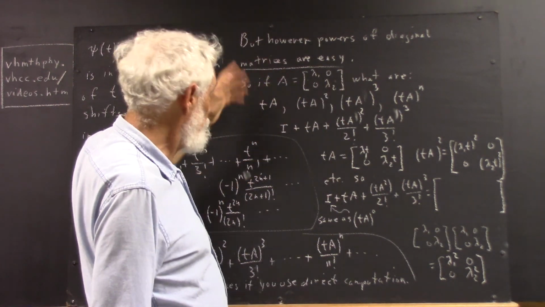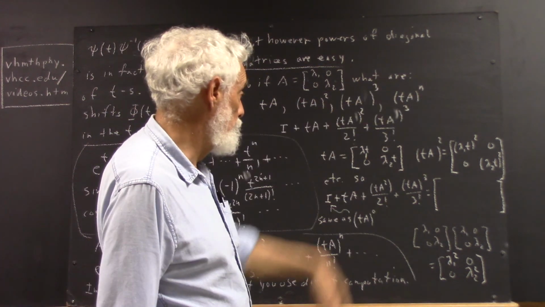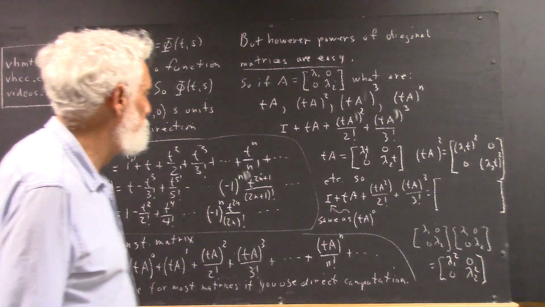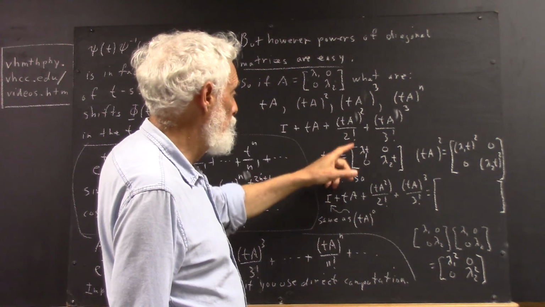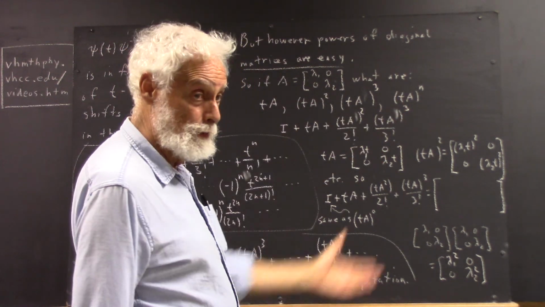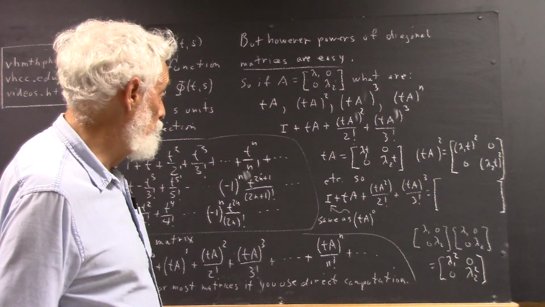Okay, well, I asked everybody write down ta squared, ta cubed, ta to the n. Okay? Well, and then I plus ta quantity squared over 2 factorial plus ta quantity cubed over 3 factorial. Okay? And people pretty much didn't have too much trouble doing that.